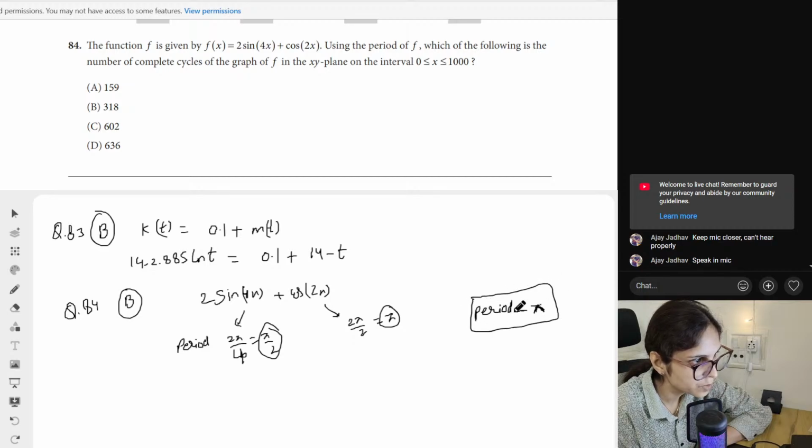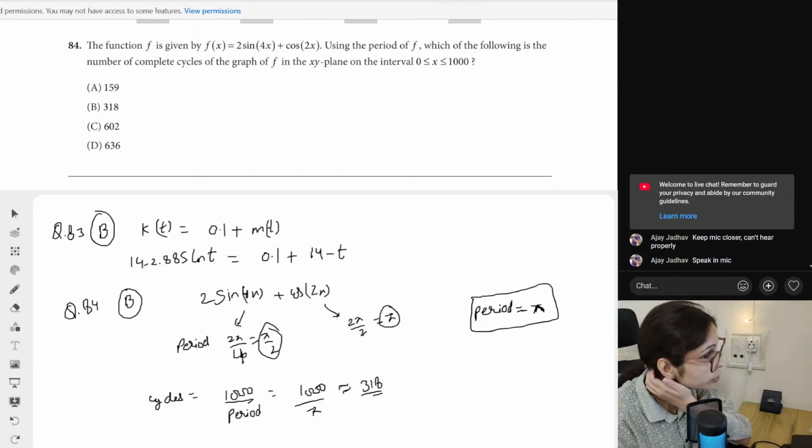Now from 0 to 1000, you want to know how many cycles. Cycles is equal to 1000 divided by the period, so 1000 divided by pi is 318. And this is the overall calculation.